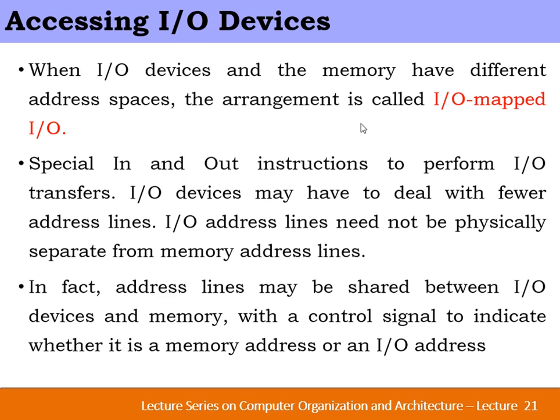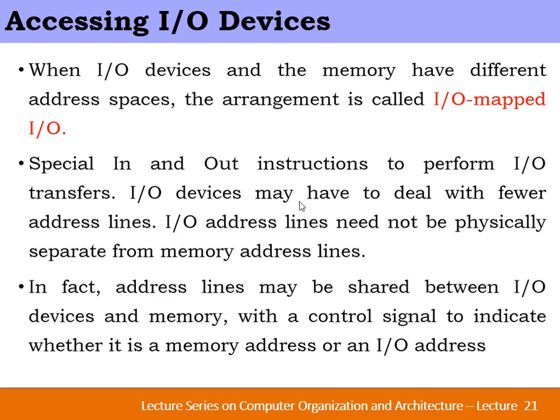So whenever we use the IO mapped IO concept, with a separate address space given for IO devices, the instructions used to transfer data between the processor and an IO device are in and out. We are not supposed to use the MOV instruction in case of IO mapped IO; we use the special in and out instructions to perform IO transfers.